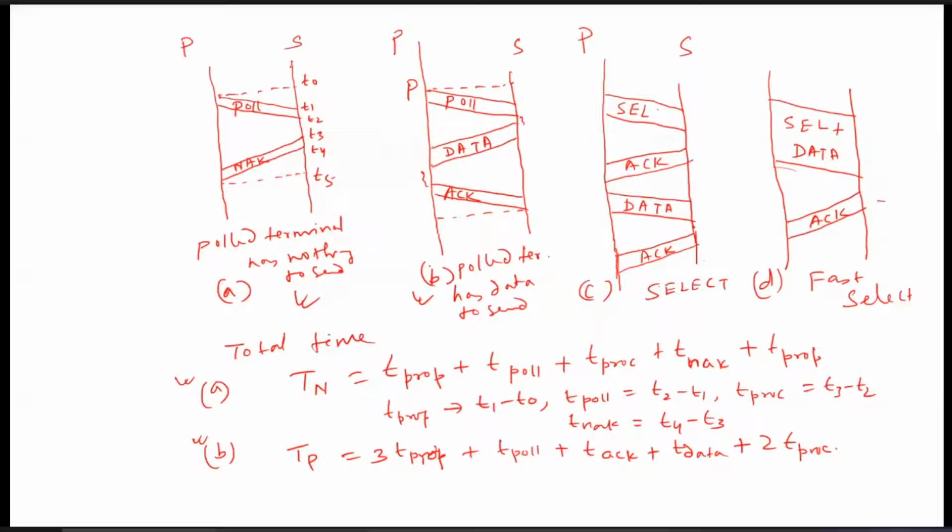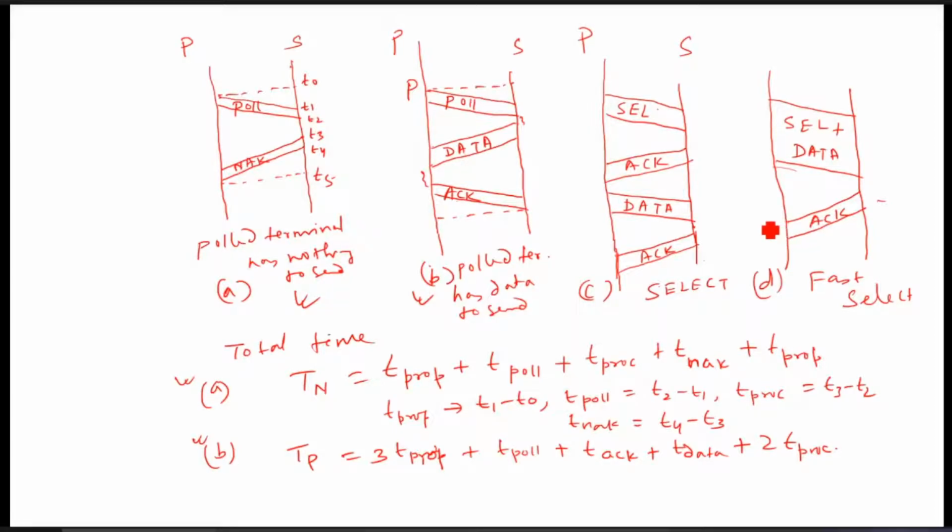So in that case this fast select is very much useful. So select and fast select, you see something different is here, and this is very useful for transferring short messages frequently. That is one case.